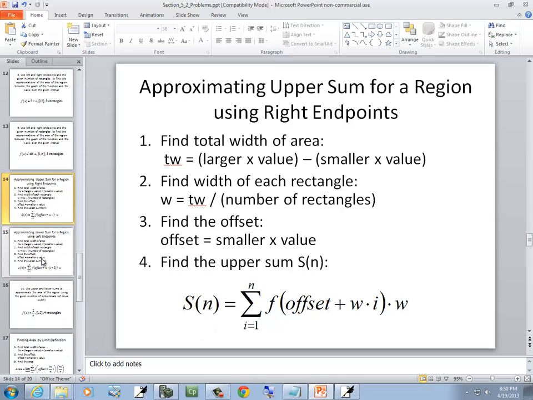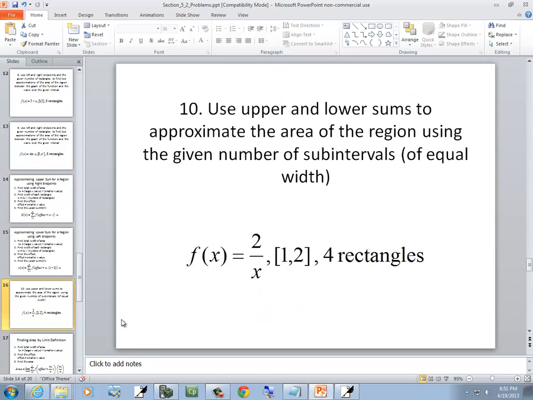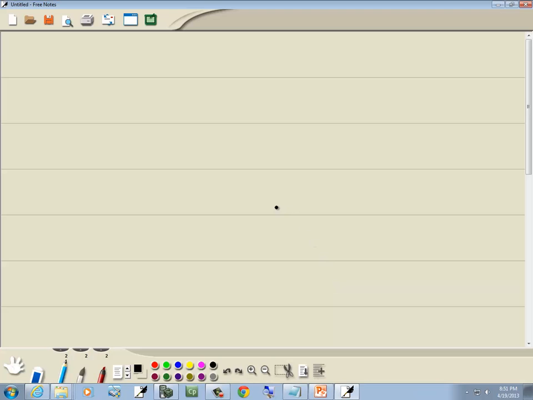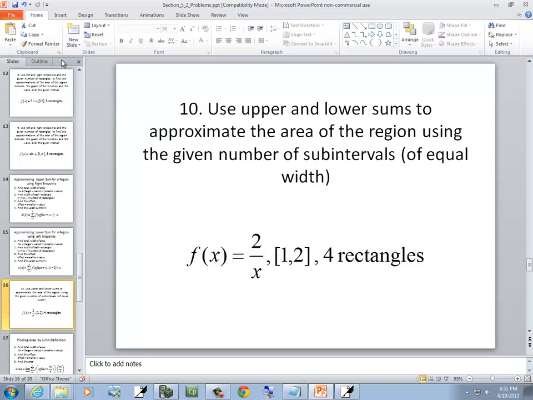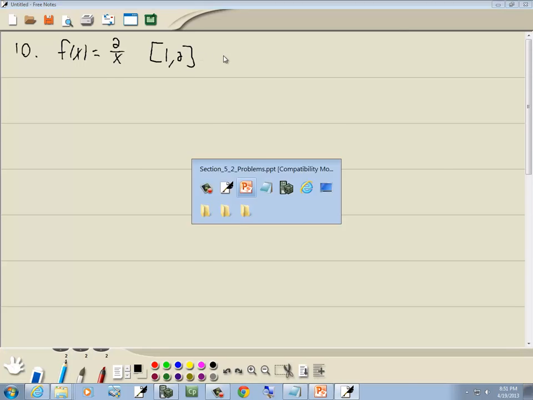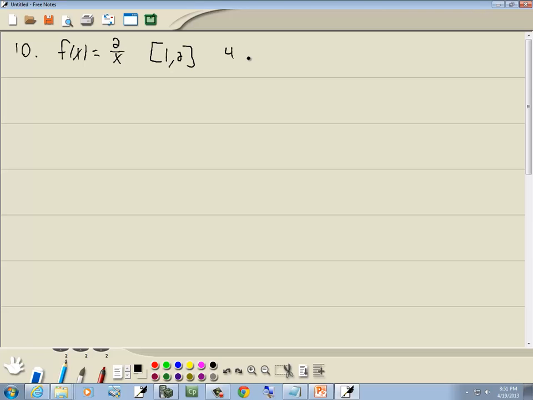In class, I oftentimes don't even show an example of this, but I thought for the video I'll show one. So let's take a look at this one. Number 10. We've got f of x equals 2 over x, from 1 to 2, and we've got 4 rectangles.